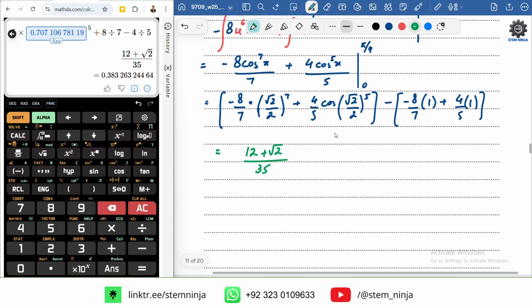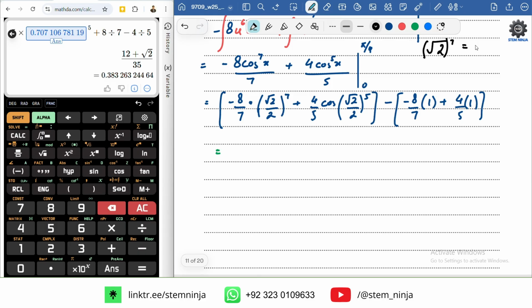Now, if you want to do this manually, we can do this manually also. So let's do this manually. Root 2 raised to power 7 can be written as 2 to the 7 over 2, and similarly root 2 raised to power 5 can be written as 2 to the 5 over 2. So this one would become minus 8 over 7, 2 raised to power 7 over 2, minus 1.